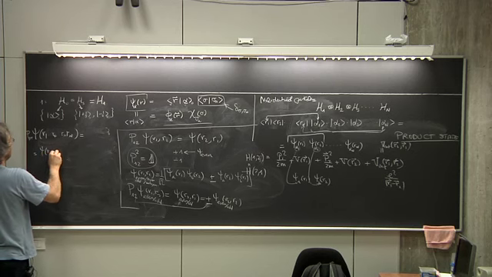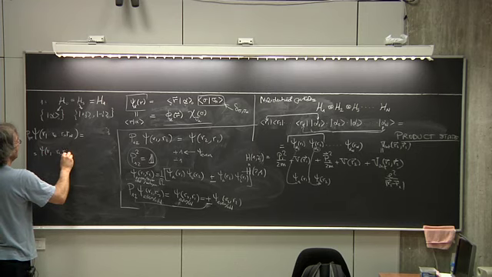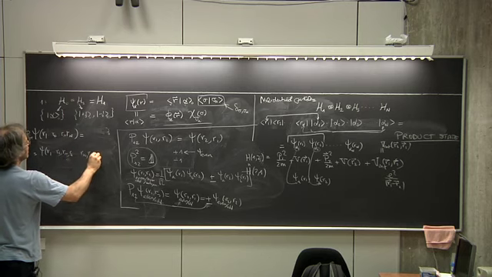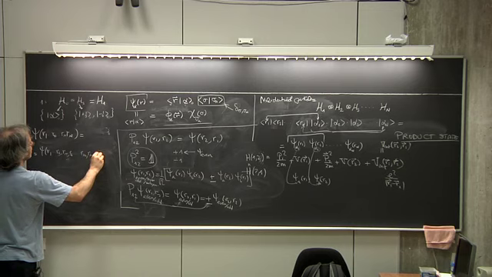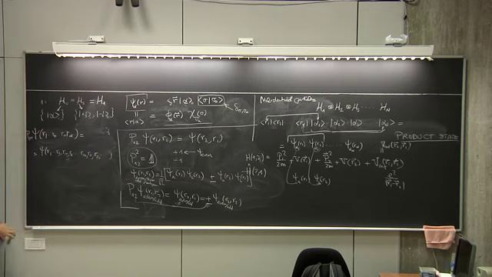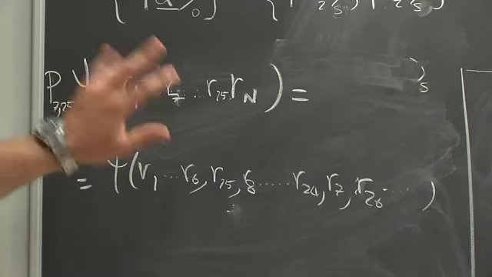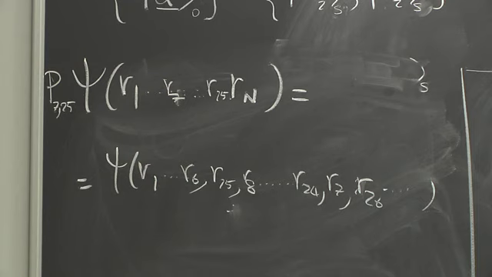Psi of R1, ..., R6 remains there, but here I get R25, R8, and in place of R25, I put R7, okay? Just to give you a concrete example. This would be a permutation of 7 and 25. You can do any permutation, even a permutation of more than two pairs, okay?